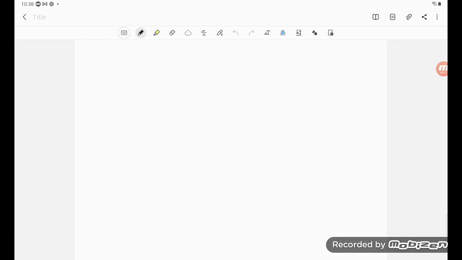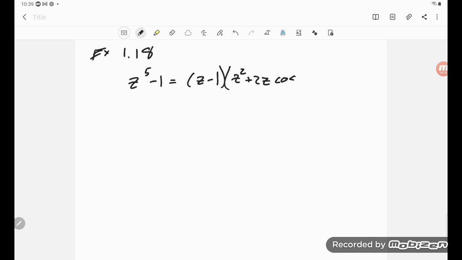All right, so I told you I'd look at exercise 1.18. That's the thing with z to the fifth minus 1 is equal to z minus 1 times z squared plus 2z cosine pi over 5 plus 1 times z squared minus 2z cosine 2 pi over 5 plus 1.